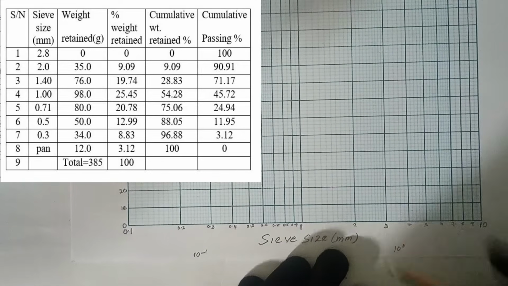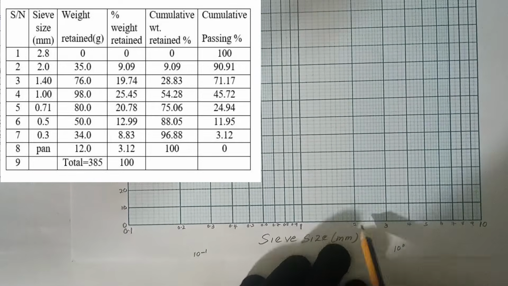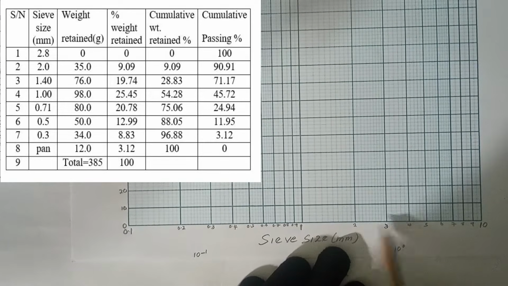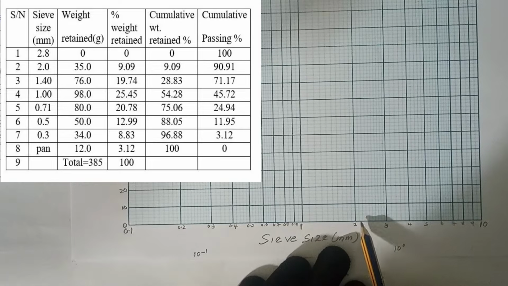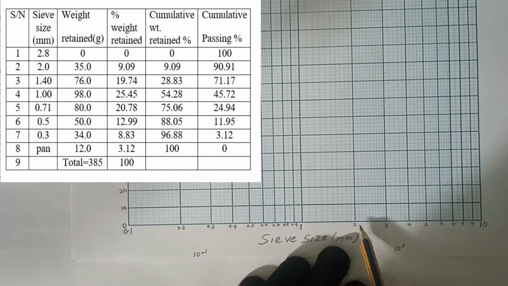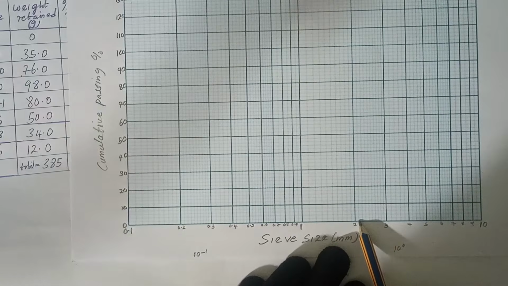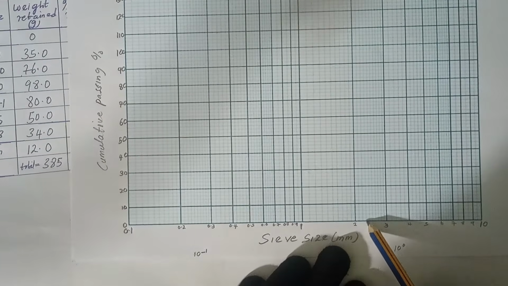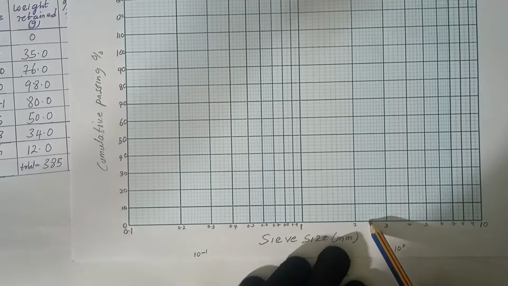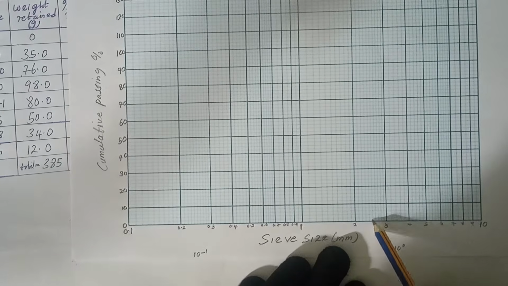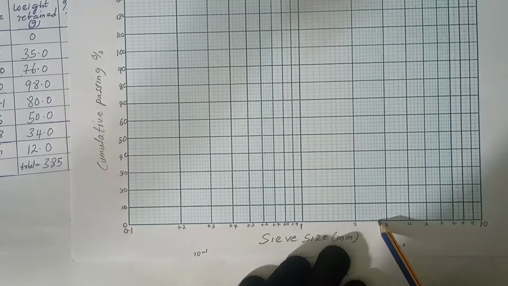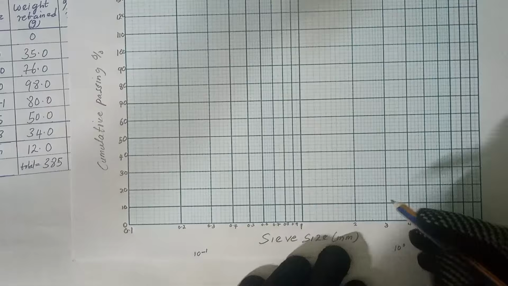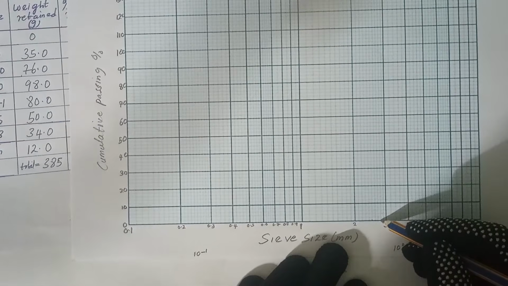So between 2 and 3 we have 2.8. The subdivision here is going to increase by 0.1. So as you move in this direction, we have 2.1 here, 2.2, 2.3, 2.4, 2.5, 2.6, 2.7, and then 2.8. So this is 2.8.